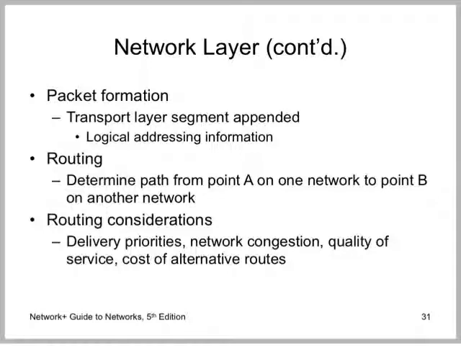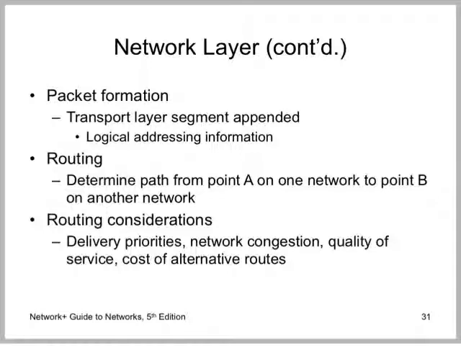Then routing considerations include delivery priorities, network congestion determining routing, quality of service, and cost of alternative routes. Routers are definitely smart enough to determine exactly where data packets need to go to get there. They might not get there the fastest, but they'll get there, okay? That's the job of the router.